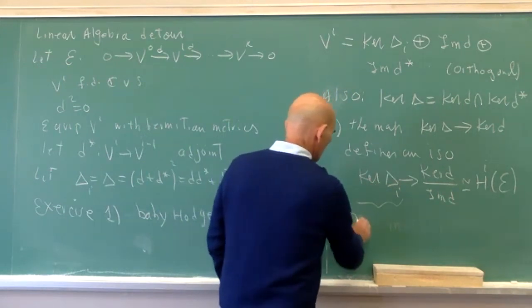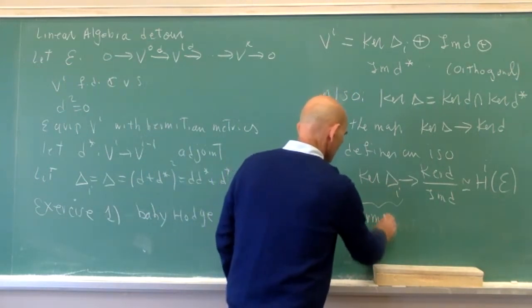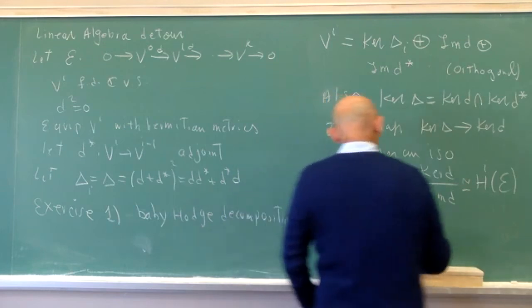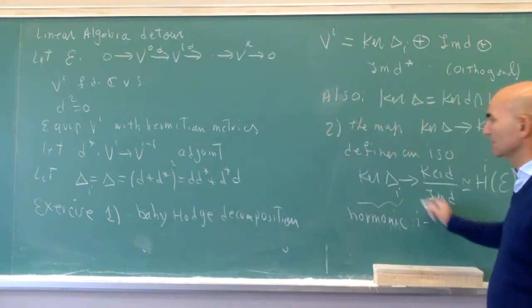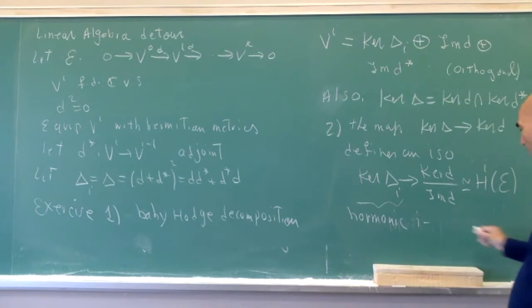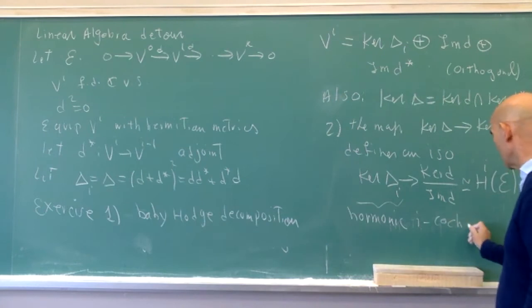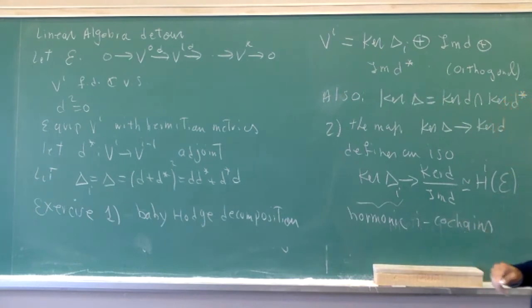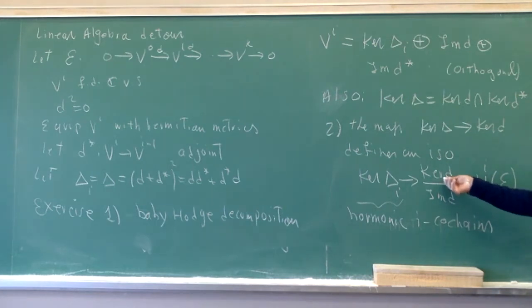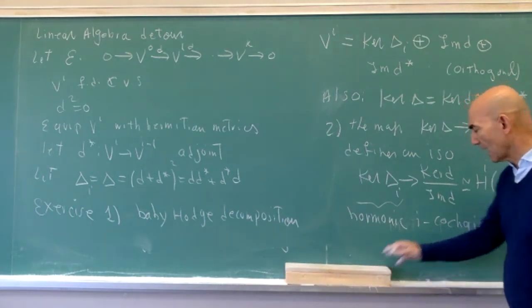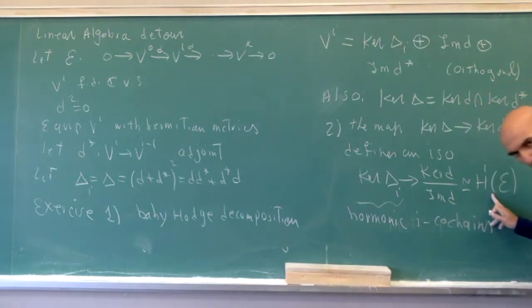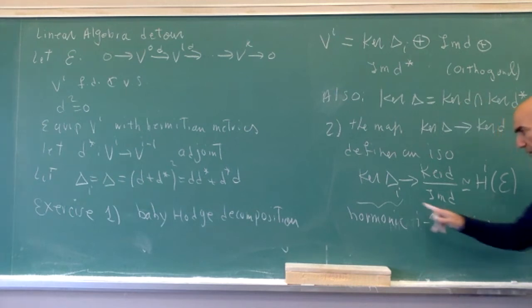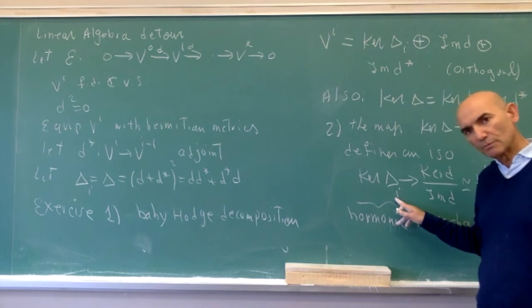Let me call them harmonic I cochains in this case, because it's a cochain complex. But this is the ith cohomology group, kernel of D divided by image. So we will say that every cohomology class has a unique harmonic representative.